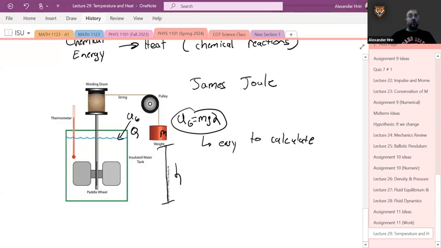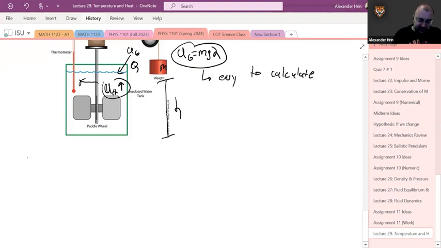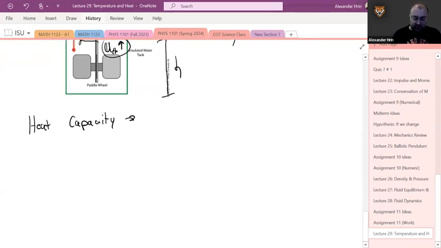Once that happens, your thermal energy goes up, and this will be observed in the rising temperature. So this is the idea that James Joule investigated. He was talking about the heat capacity of a system. And the idea here is that we're talking about heat capacity, we're talking about the energy.